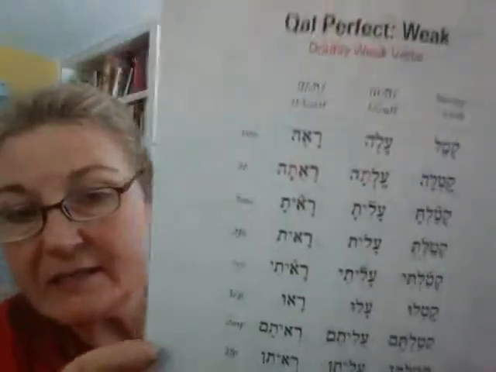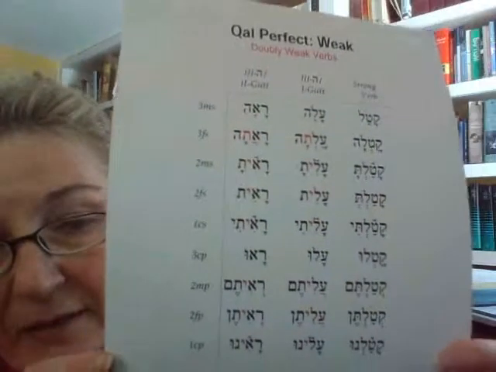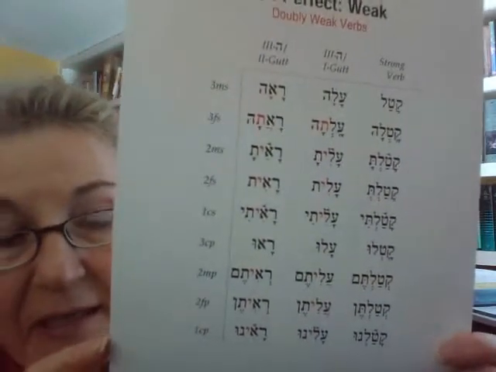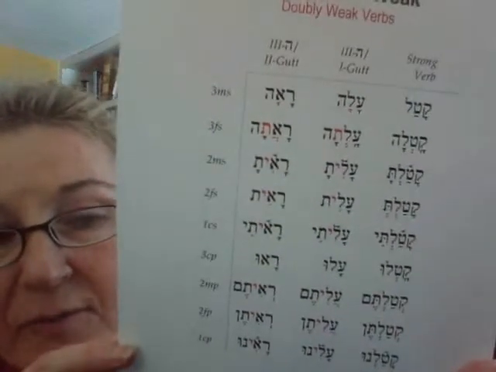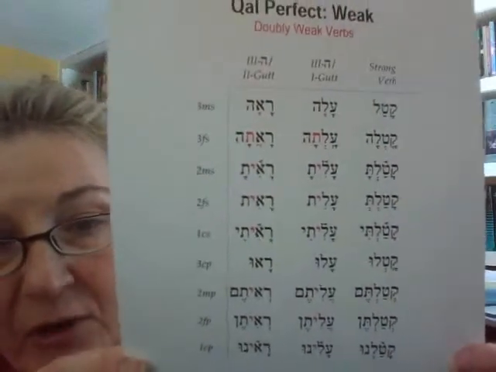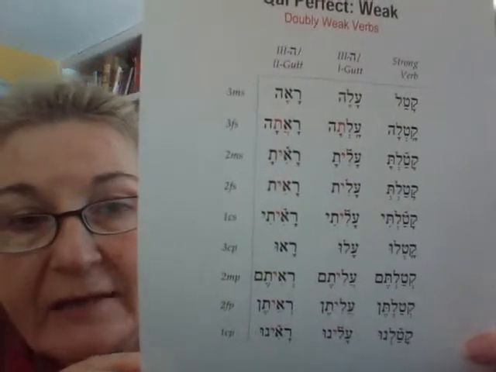Now, this is some of the most difficult material that we'll cover this semester, just getting these paradigms straight. And knowing the strong verbs is going to be easy. Always, the strong verbs are easy. They provide no difficulty for us at all. And we spend extra time on the Qal.